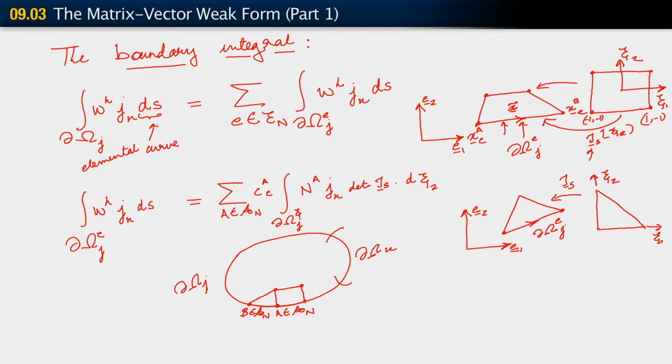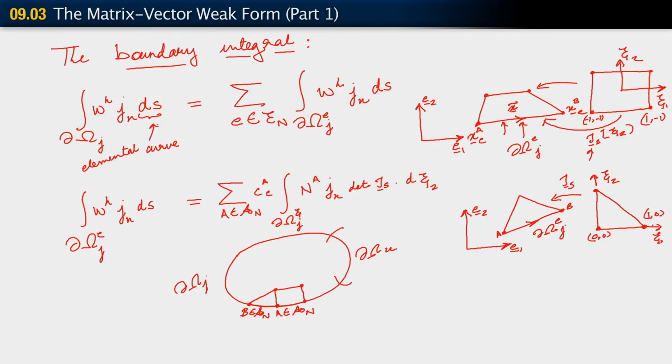Those would be the nodes that would be relevant in this domain. If that were A, B, and if A were the first node in the physical element and so on, then it would be mapped along (0, 0) and (1, 0).